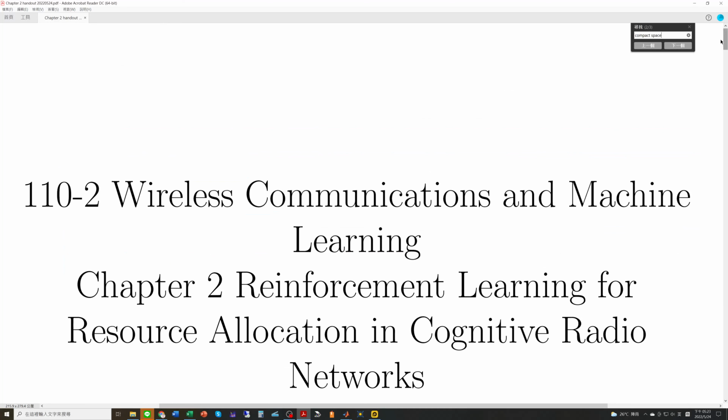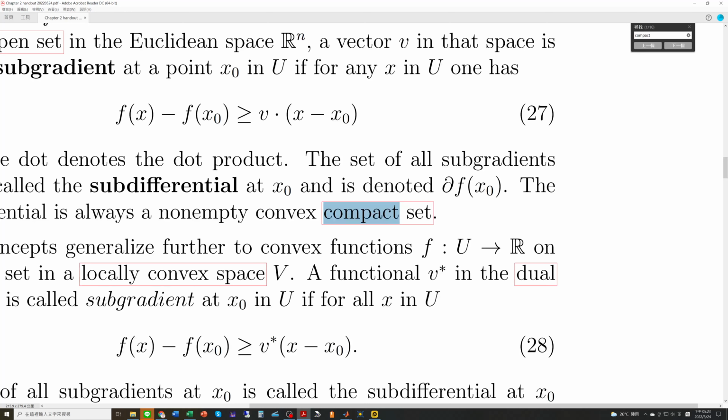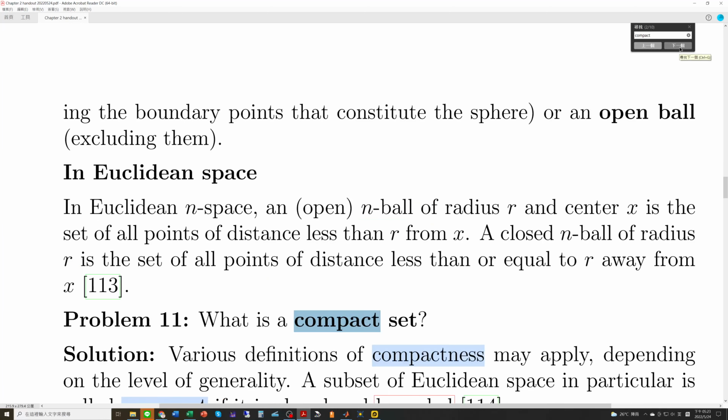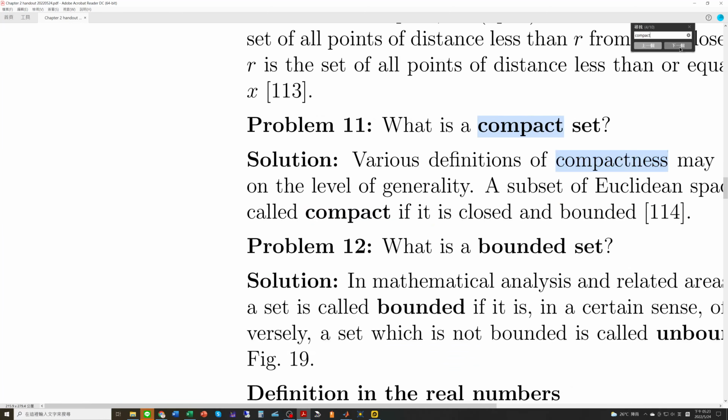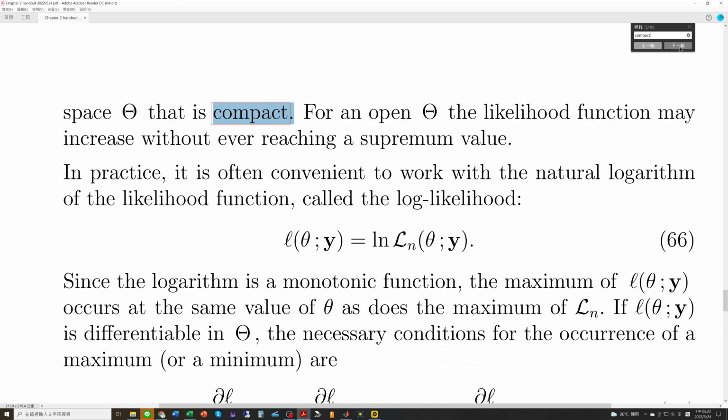Okay, so let me search compact only. Okay, so here. Okay, so we can see that space capital Theta that is compact. Okay, so we need to know what is a compact space.